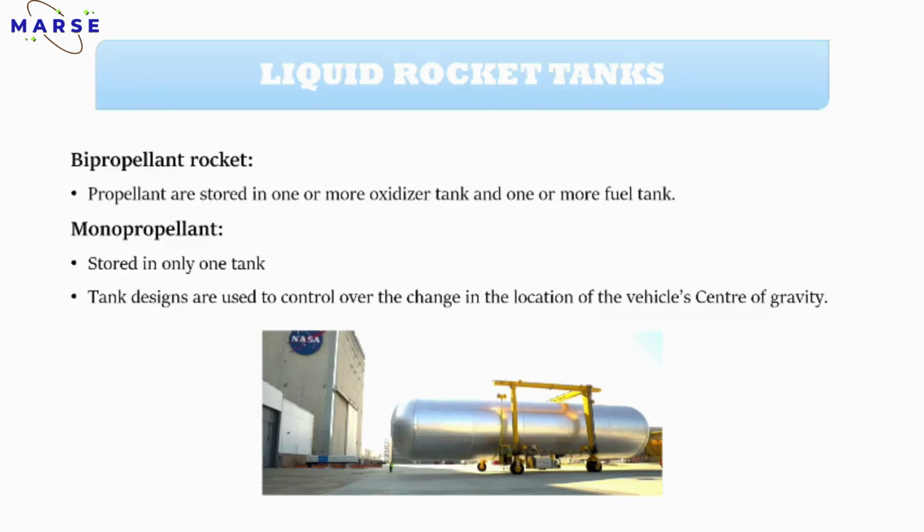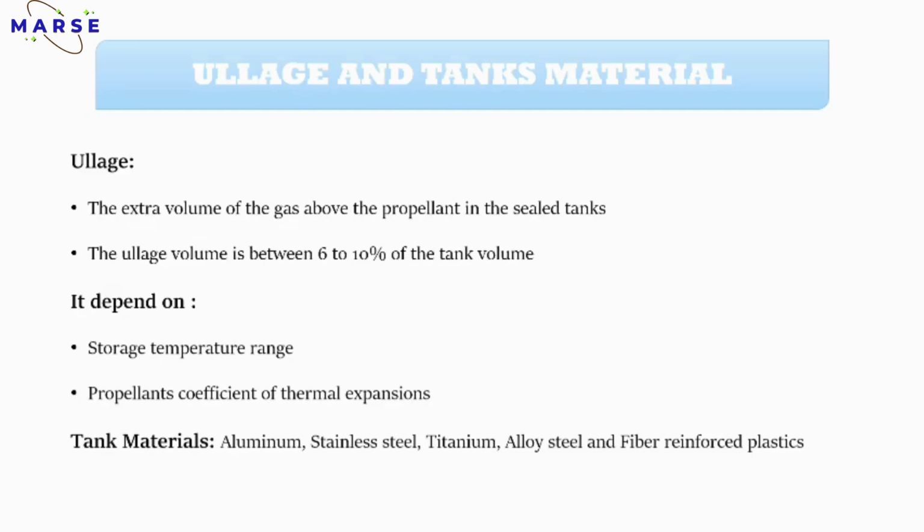What is the stable condition? The CG location should be at an upper position as compared to the CP location. If that is not the case, you have to change the location of the tank, because a large percentage of the weight is taken by the tank. So if the stable condition is not there, you have to change the location of the tank, and it will affect the center of gravity location.